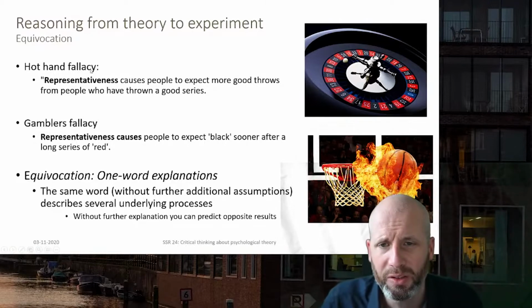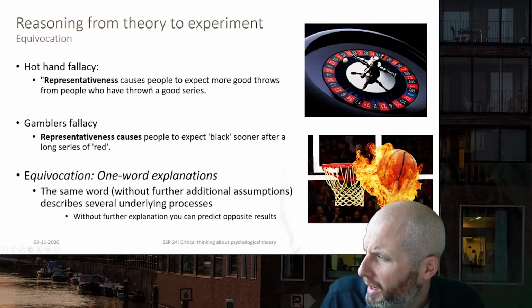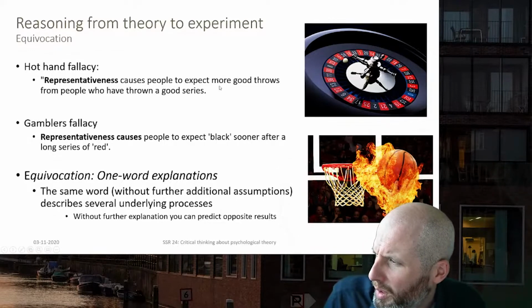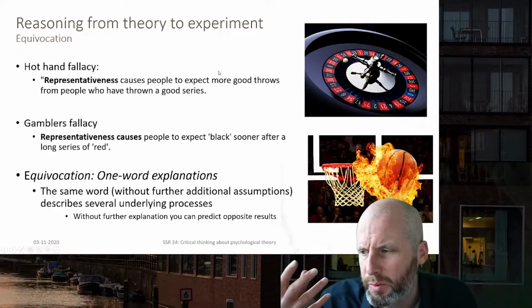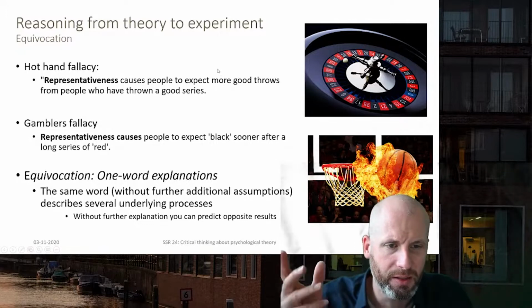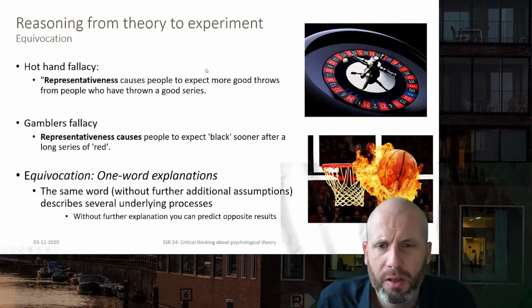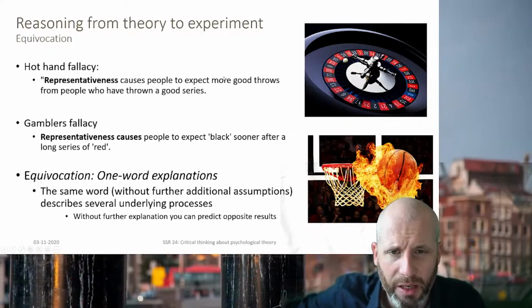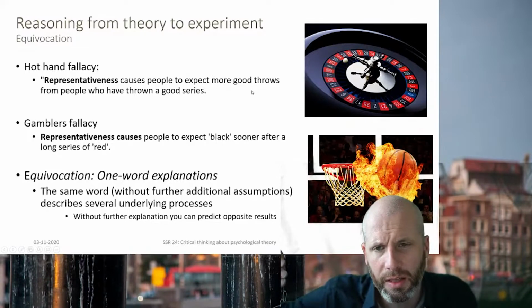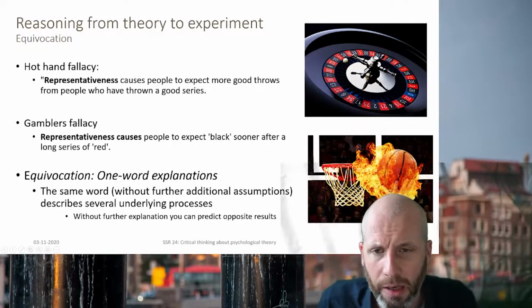I've talked to you about the hot hand fallacy, in which representativeness is used to explain why people expect it to be more likely that a basketball player lands another good throw, earns another point in the game, because they've already earned a series of points in the game before. That's called a hot hand, and then people have the expectation that that makes it more likely that people have a hot hand and they're more likely to land a point again.